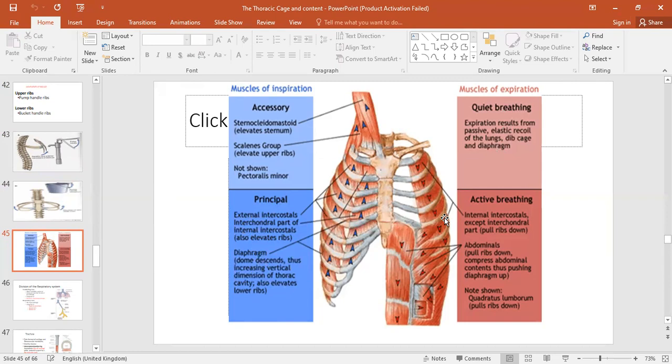Then when you're breathing out, mainly this is a passive movement. When the lungs recoil or go back to their original state, air is pushed out. So you don't need to use any muscles there. But during active breathing, internal intercostal muscles are used. In addition to that, abdominal muscles are also used.